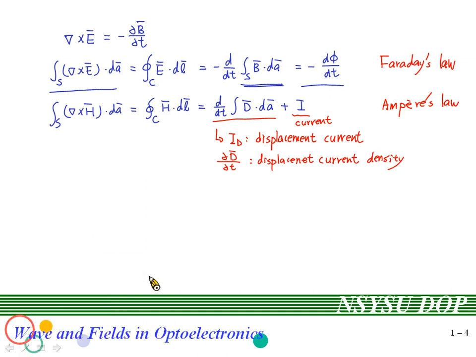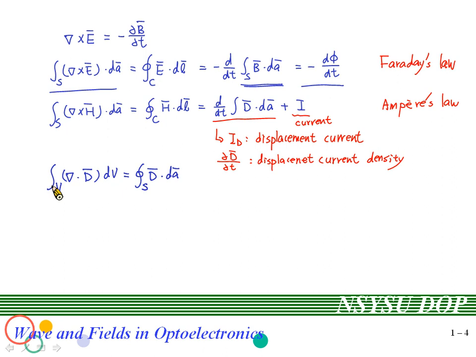And now, let's go to the divergence equation. For divergence D, if you perform the volume integral of the divergence of D over a volume V, by the divergence theorem, you know that this will equal the closed surface integral of D over a surface S, and the surface S here is the surface of the volume.